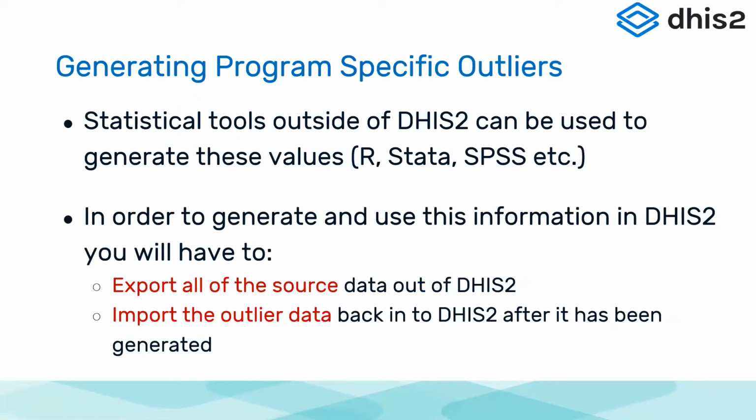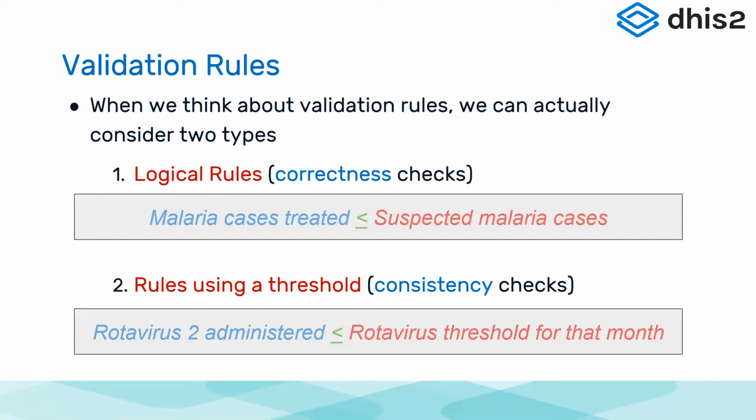Now, if you have these data elements, you know how to compare them and make validation rules. That is simple. The problem arises when you need to compare your value with a generated value.